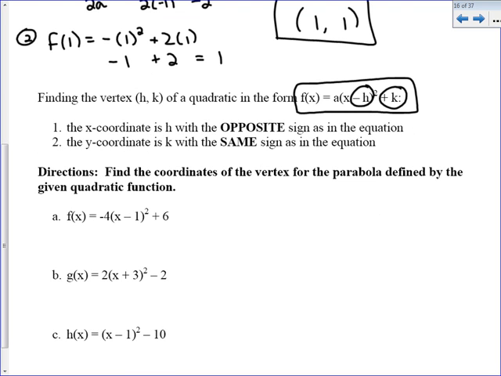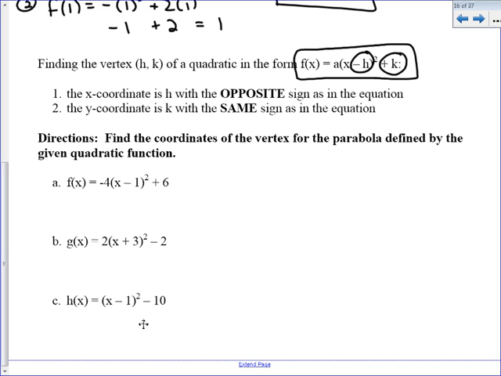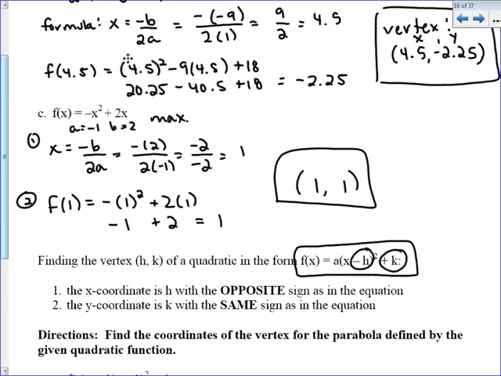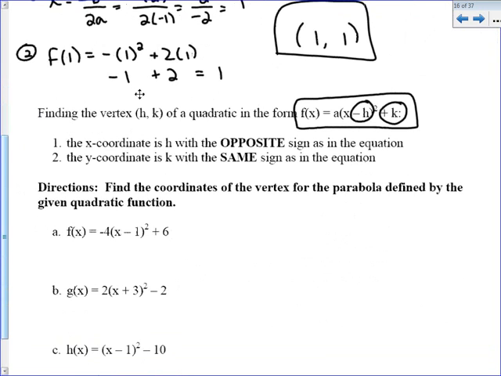So do we see how these look different? These look pretty different than the ones we've been working with. These are the easy form for the vertex, but not for everything else. The only thing that's simple about these is the vertex. But look at the form of this compared to these ones up here, and just notice how they're different. Different process for a different form.